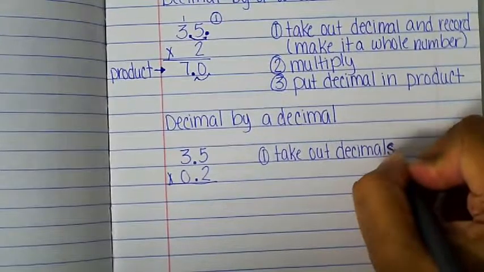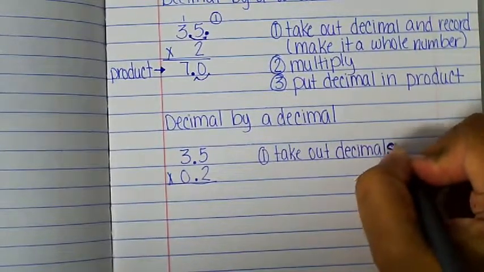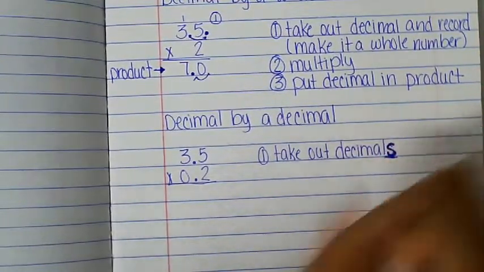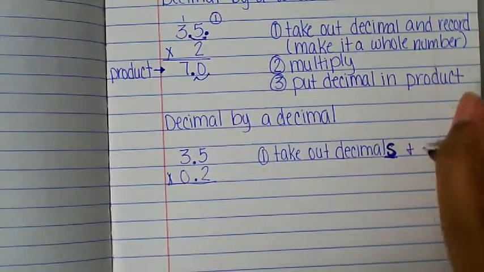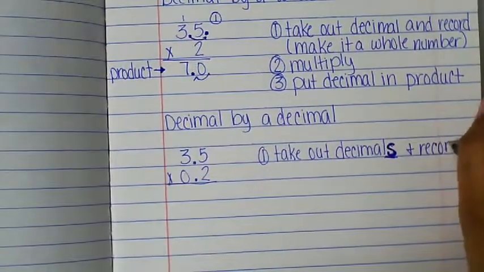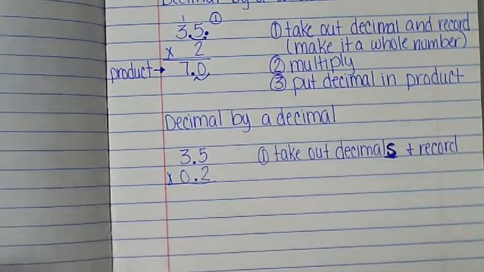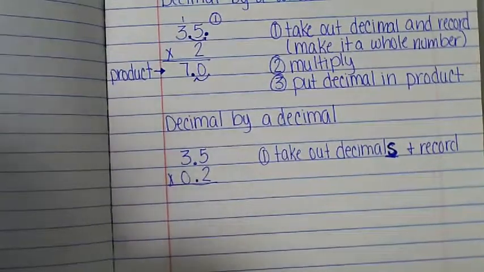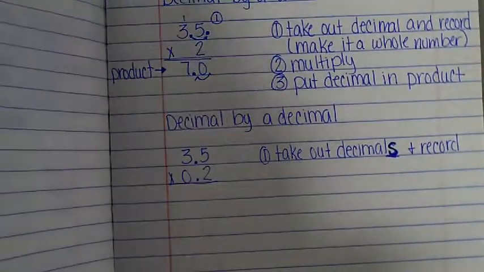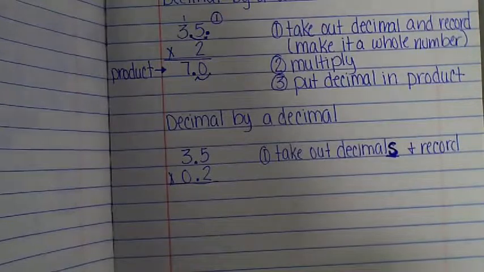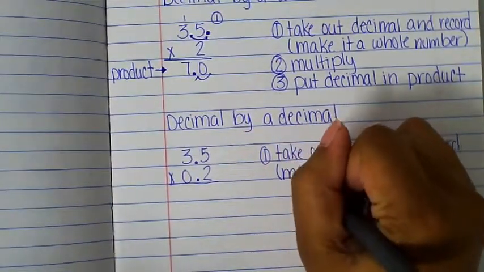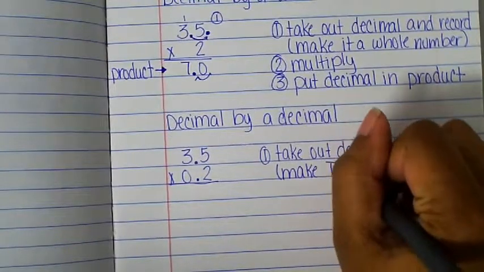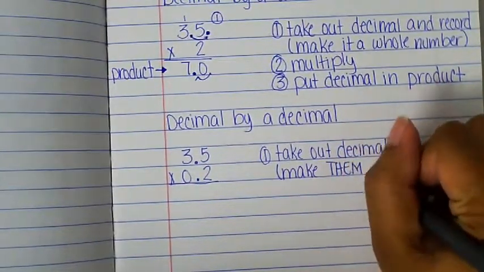So I'm going to bold my S and underline it to show that I take out all my decimals. And record. So you're going to make all your decimals into whole numbers. So in parentheses, we're going to write make them whole numbers.